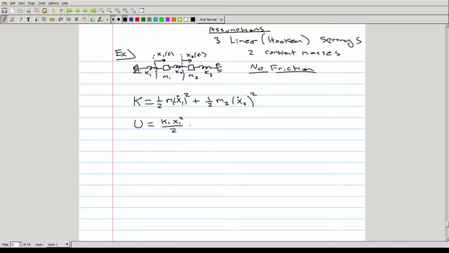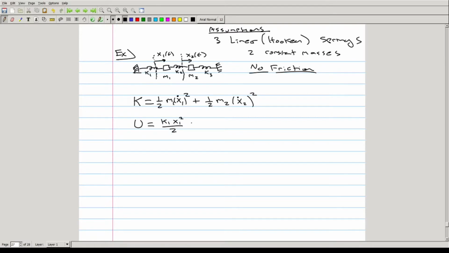Now, the potential energy for spring 2 here is going to be a little bit more complicated, because the deflection of this spring depends both on the value of x1 and on the value of x2. The difference between these two values, x1 and x2, is going to tell you whether or not this spring is compressed or being stretched.